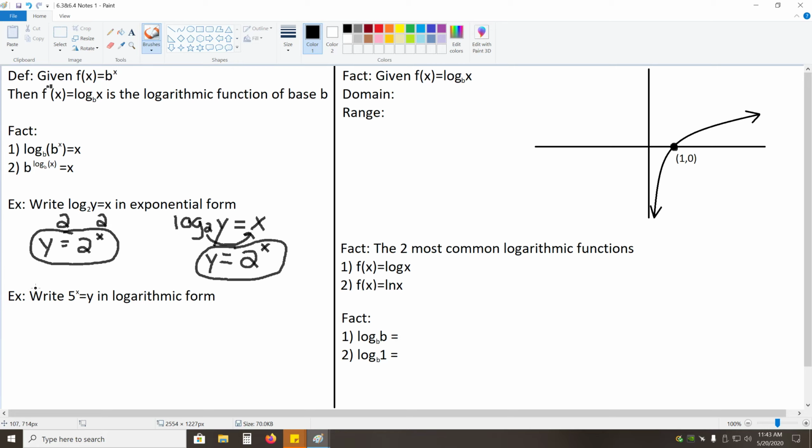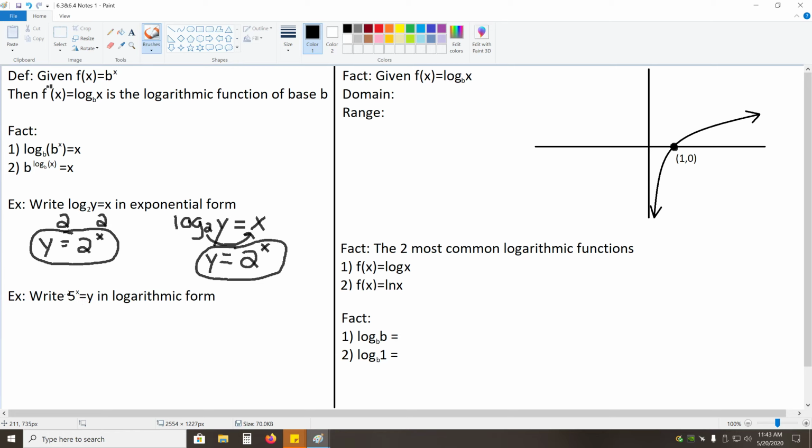Now let's say we have 5 to the x equals y, and we want to write that in logarithmic form. Well, in this case, there's only one way we can approach this, and that is the technical way. There isn't a shortcut method. To get rid of 5 to the x power and to change it to a logarithmic form, we need to take the inverse of each side of the equation.